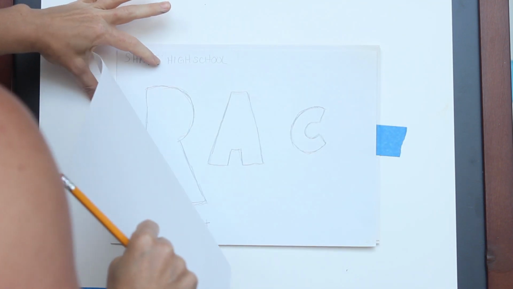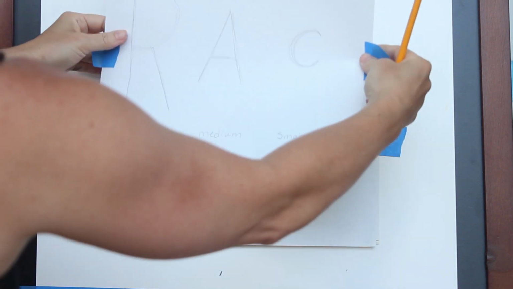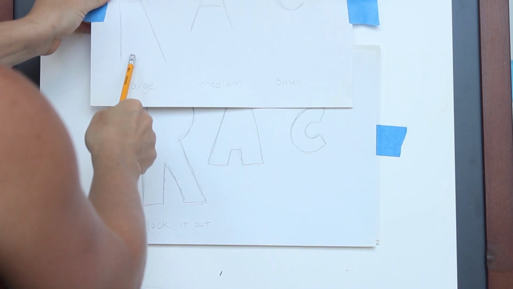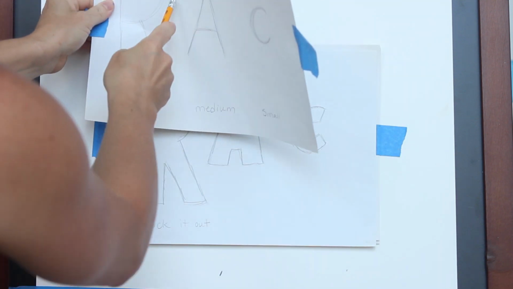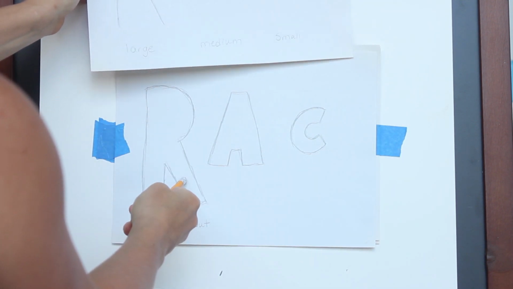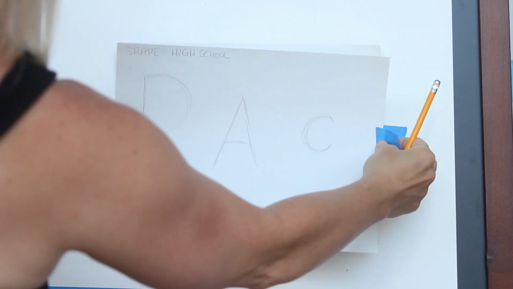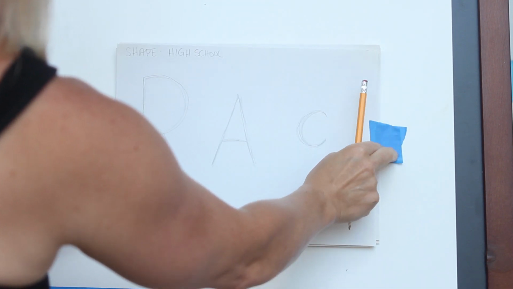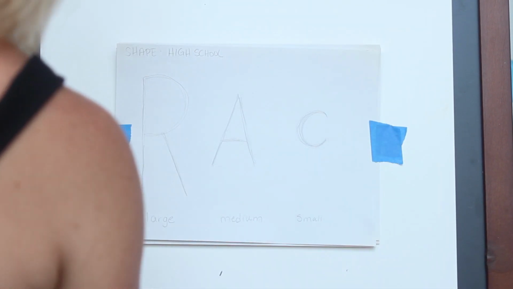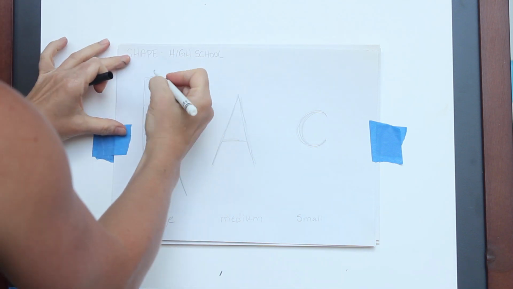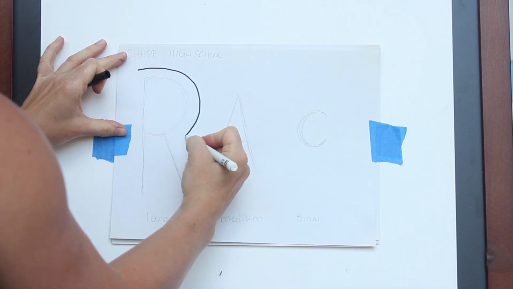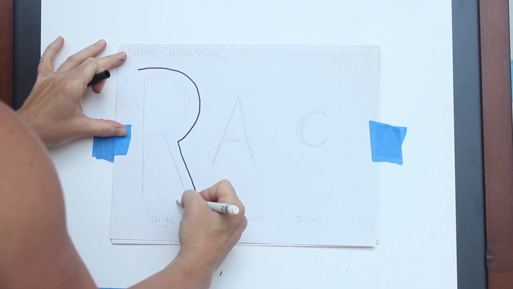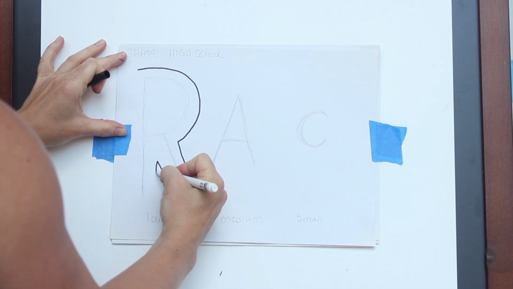Now, we're going to make a shape around these letters. So, how do we get from here to here? This is what we'll do. Let me show you. I'm going to use a black so you could see. You're going to trace around the letter without touching that inside letter. Trace around it.